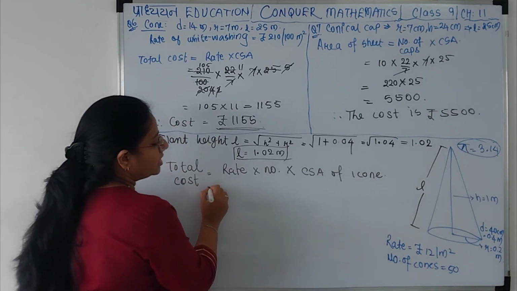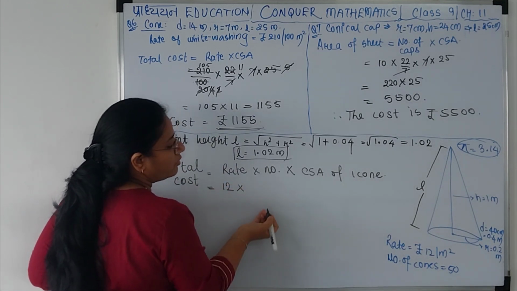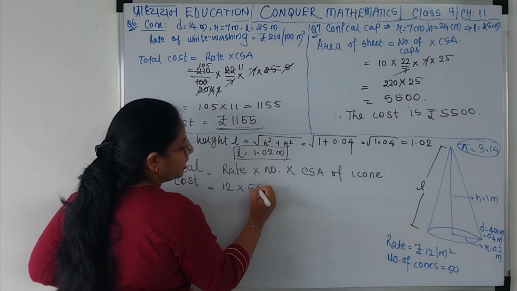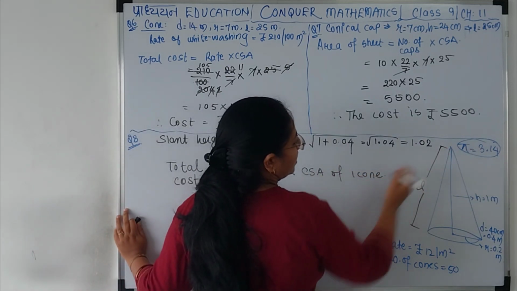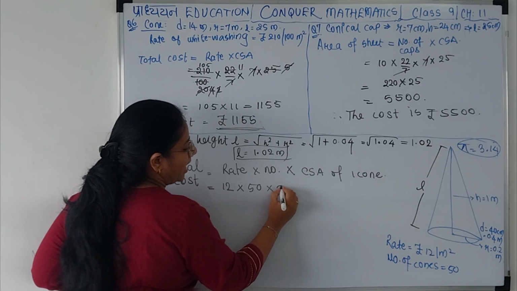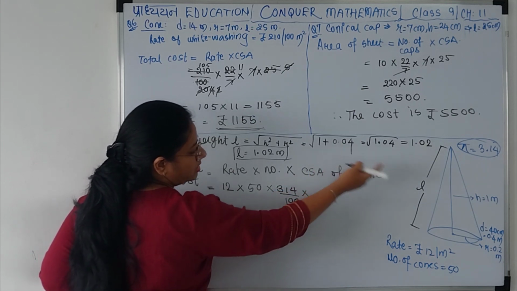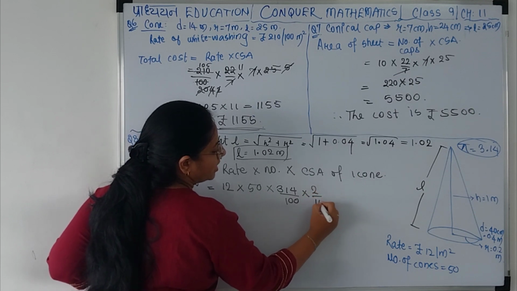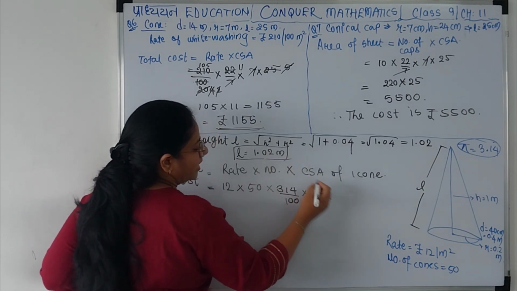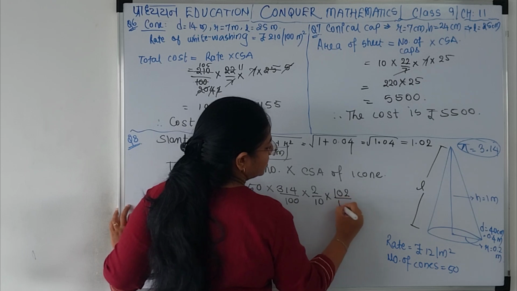Correct? So rate is rupees 12. Number of cones is 50 और आपको दिया है पाई यूज करना है 3.14. So pi r l, so 314 by 100. Radius is 0.2, that is 2 by 10 into slant height is 1.02, that is this.